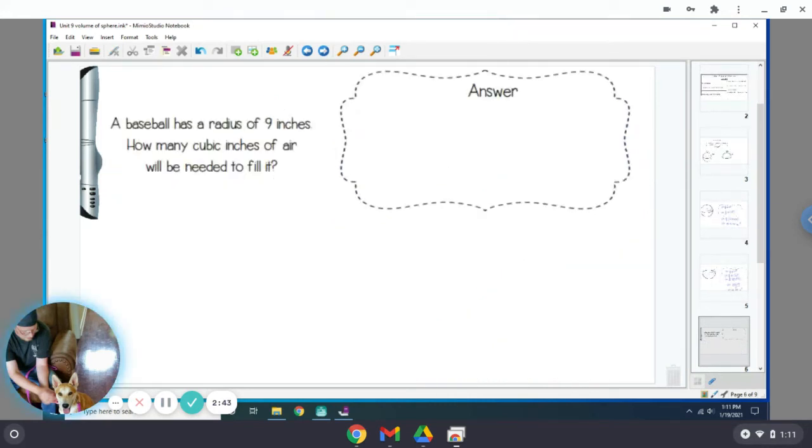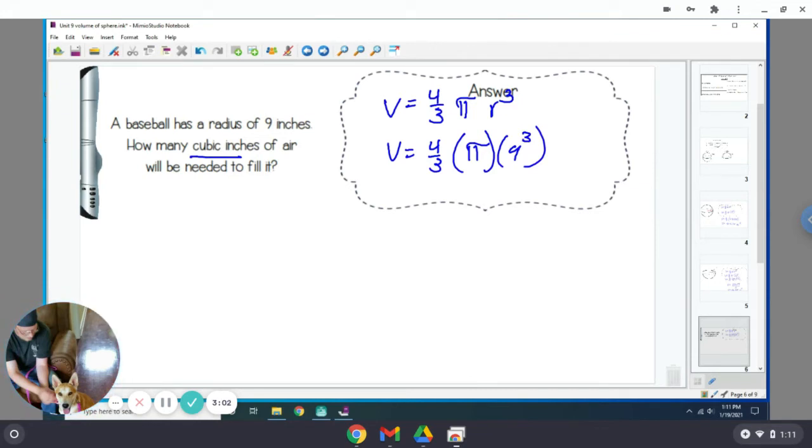All right, so it says a baseball has a radius of 9. How many cubic inches of air? So cubic inches means volume. So the volume formula is 4/3 pi radius cubed. V is equal to 4/3 times pi times radius cubed, which is 9. So I'm going to do pi times 9 cubed.